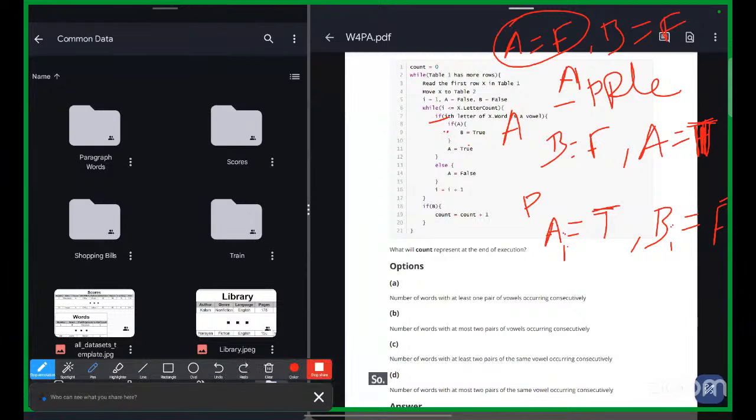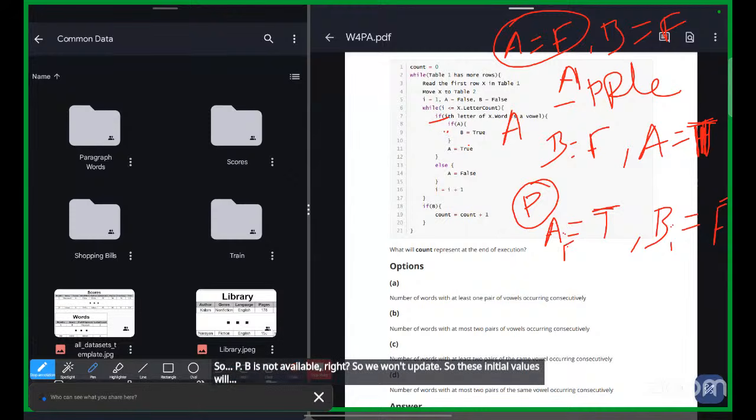So in line number 7, we are saying whether the ith letter of x dot word is a vowel or not. P is not a vowel, right? So we won't update. So these initial values will be the final values as well. A and B won't get updated.